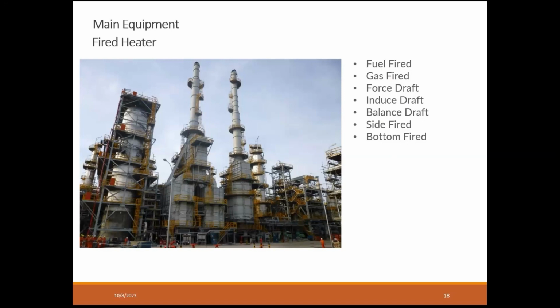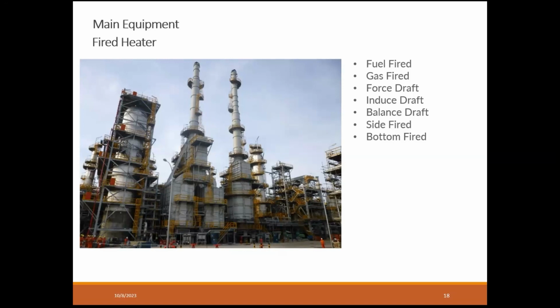So fuel fired, gas fired. Gas fired, basically, we're talking about hydrogen gas fired. Of course, the operating cost will be a lot higher compared to fuel gas.